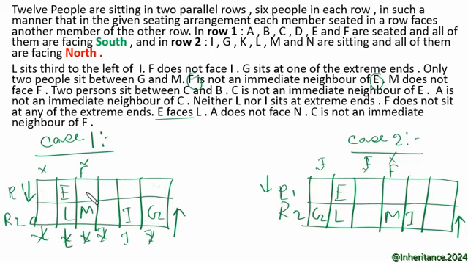So F cannot sit opposite of M. F does not face I. So this position is also blocked for F. F does not sit at any of the extreme ends, so this position is also blocked for F. So this position is only left, and here F cannot sit, so here also this position is left. Now see, F does not face I, so this position is also cancelled.